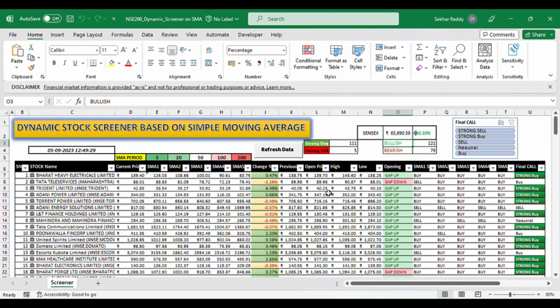So this is the latest data for the real-time market, which means the stock prices are changing. This particular screener is available, and we need the latest version of MS Office in order to have the screener up and running.